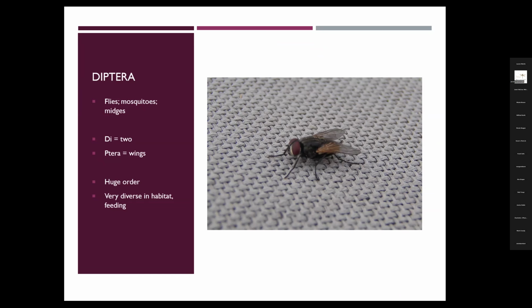If we're talking about house flies and stuff like that, a lot of people give flies a bad rap because they're considered to be kind of associated with filth. But we have a lot of flies that are predatory. The robber flies are a really good one. We have a lot of flies that are pollinators.